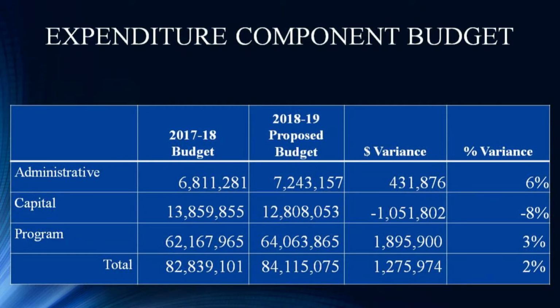The first one is administrative, and those are the costs associated with running the district, like the Department of Curriculum and Instruction, or the high school office, the principal and support staff, the business office, the superintendent's office. That component of the budget is up about 6% because we're proposing 2 additional positions to support the administration in the schools, and we'll talk about that in a minute.